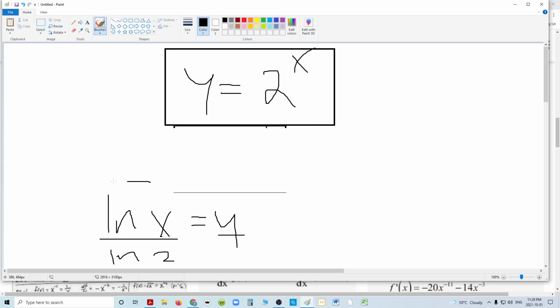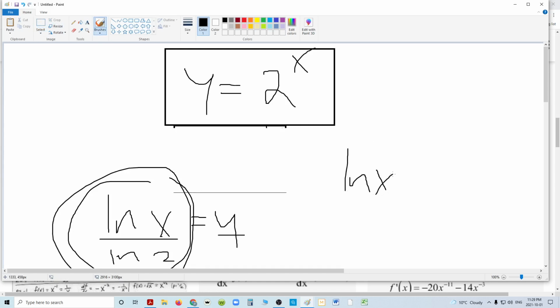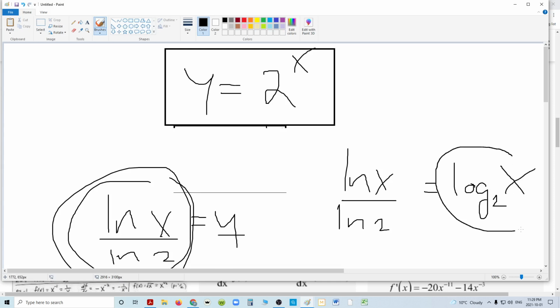Well, this you're going to have to go back to your knowledge of how to use your calculator. ln x over ln 2 is the same as log base 2 of x. And to prove that, use any number here, like log base 2 of 5.